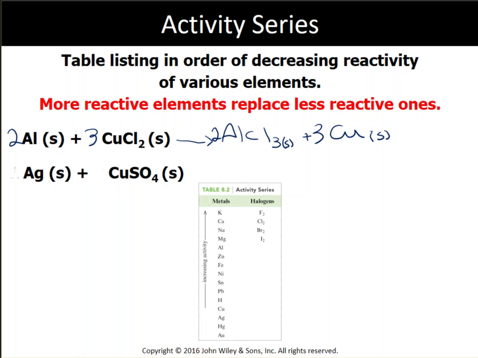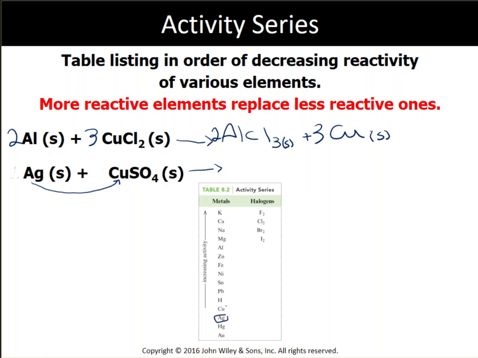Now let's look at the second reaction. You have the reaction of silver and copper 2 sulfate, which is a single displacement reaction, meaning that if this reaction happens, silver would need to replace copper. Before we write the products, we want to check the activity series and see if silver is more reactive than copper or not.